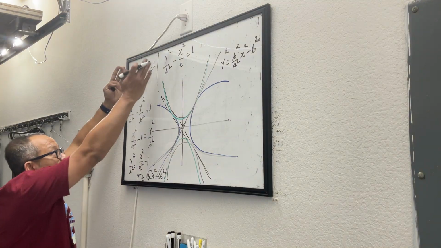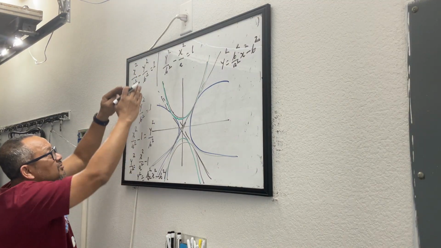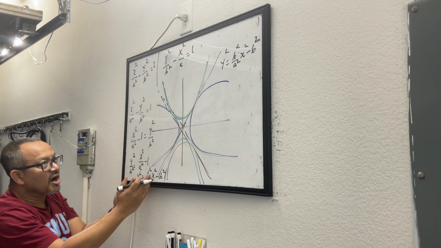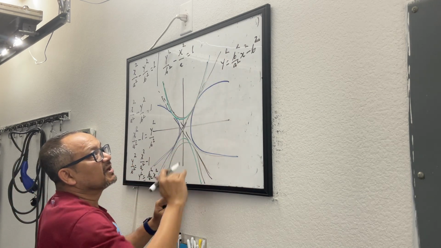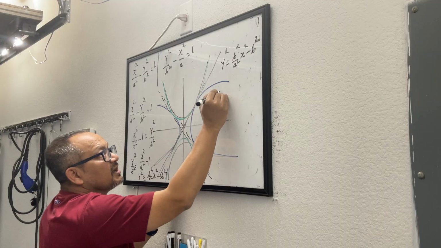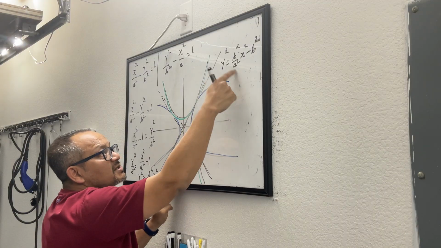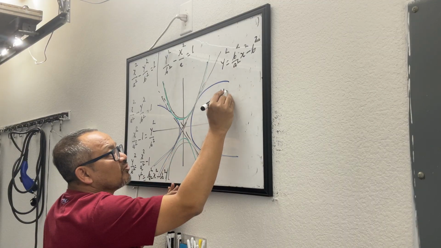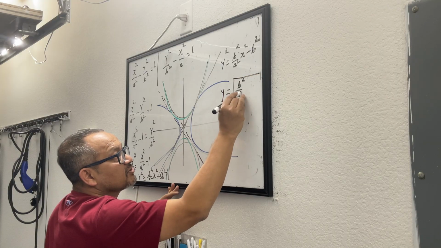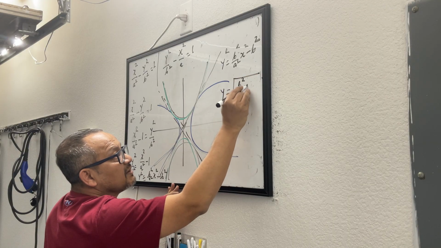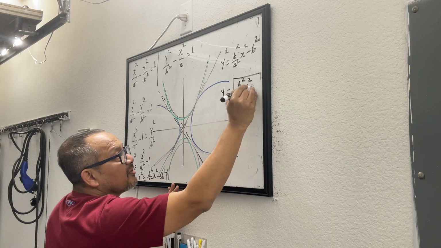So I just took this equation and I'm just trying to isolate y and find out what is the relationship between y and x here. So y squared equals this. So y will be equal to square root of b squared by a squared times x squared minus b squared.